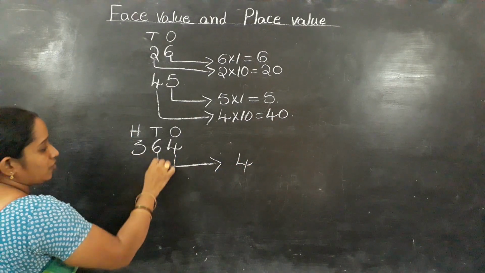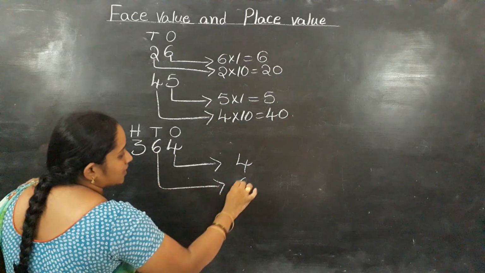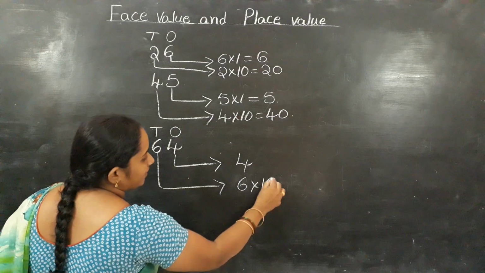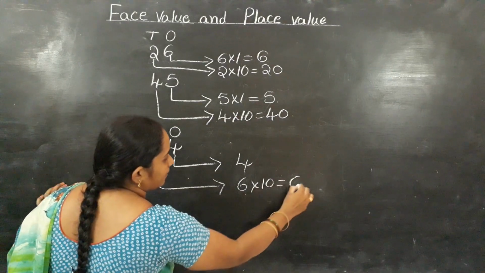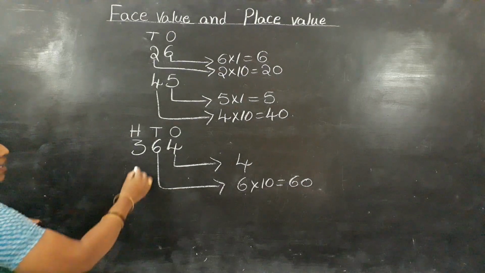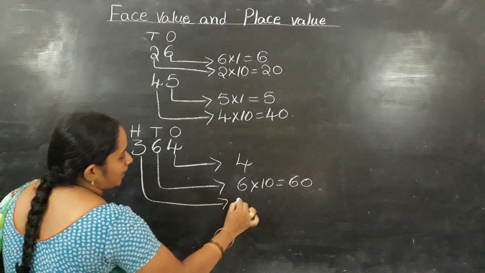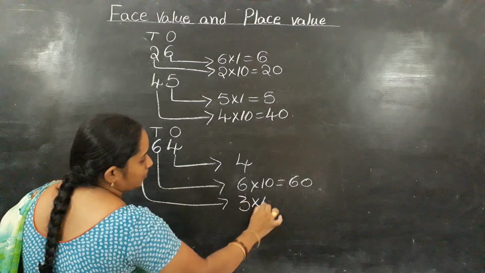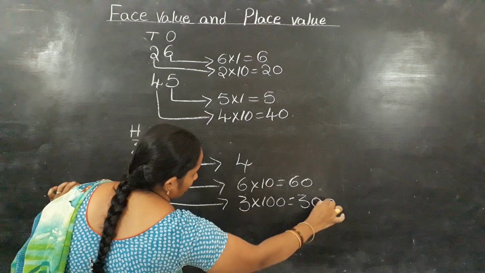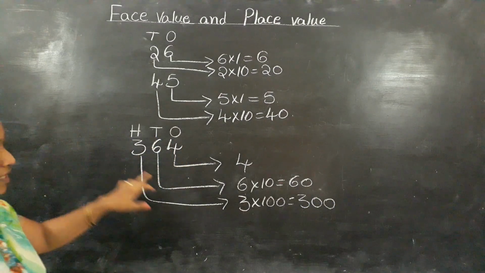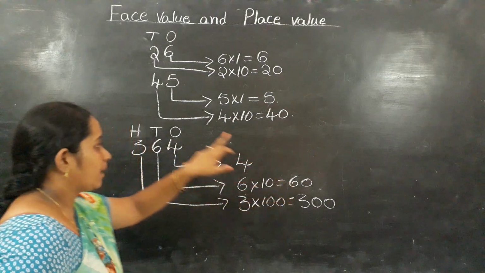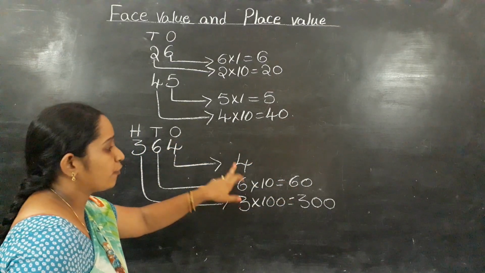The place value of 6 is 6 into 10, 60. And the place value of 3, it is in hundreds place, 3 into 100, 300. So the place value of 3 is 300, the place value of 6 is 60, the place value of 4 is 4.